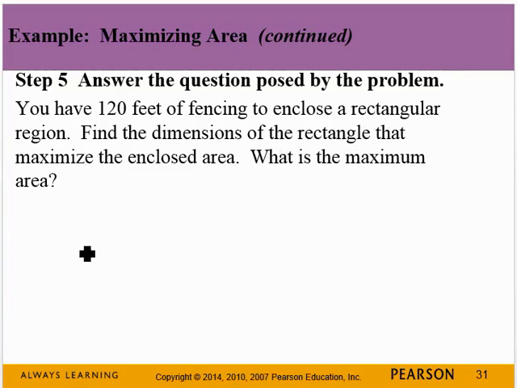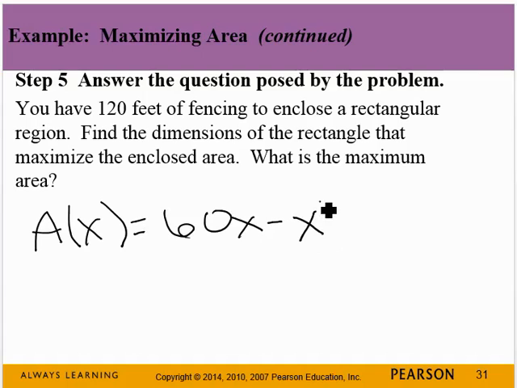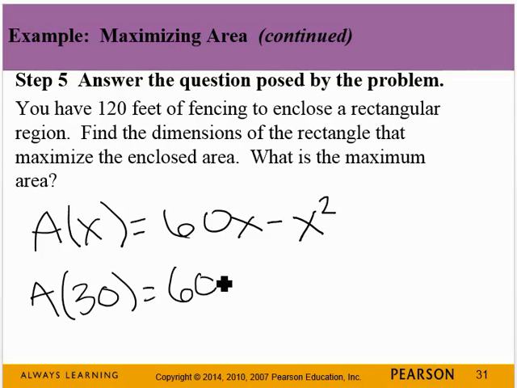Now we just have to plug that in to our equation. So we had A of x equals 60x minus x squared. So A of 30 is 60 times 30 minus 30 squared.